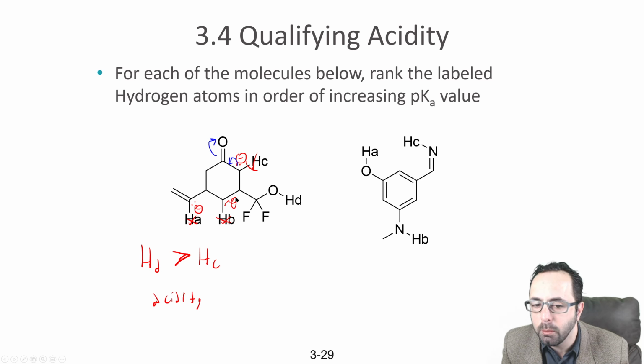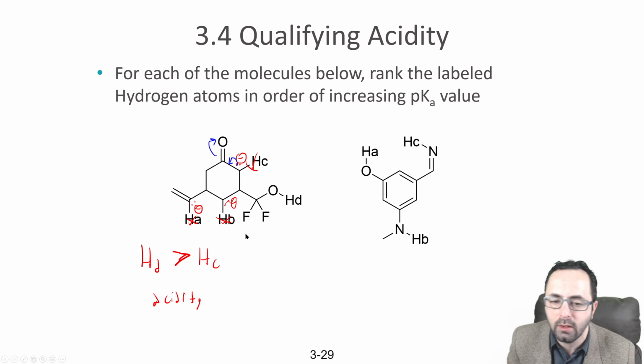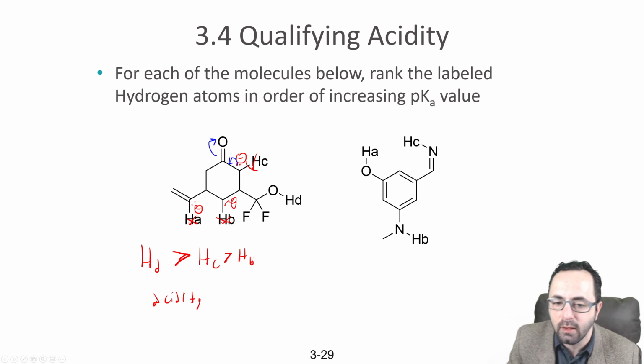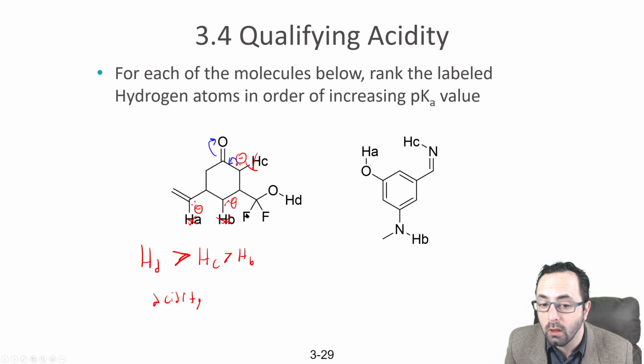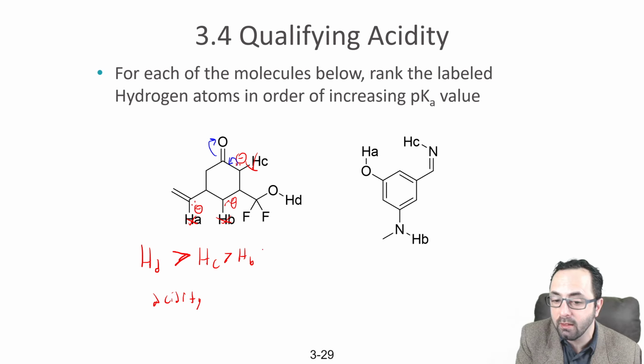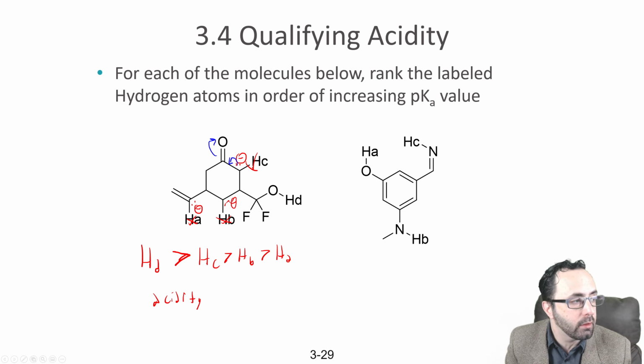So the HB has an inductive effect that the HA does not, and so the HB would be the next most acidic proton. Finally, orbital is last, and this is in an sp2 orbital. However, that is the least important of the factors, and so that is the result there.